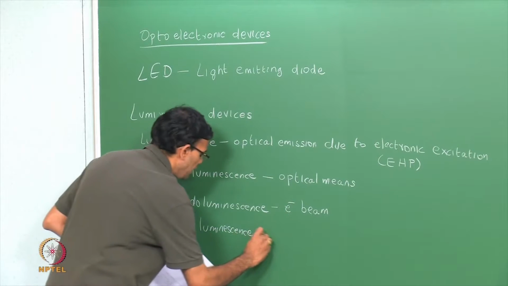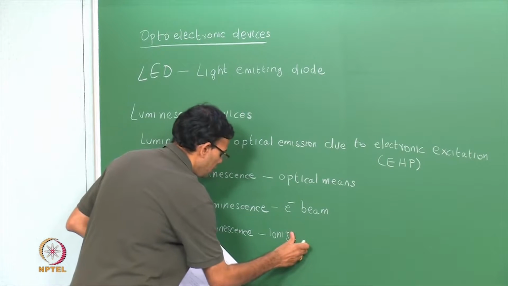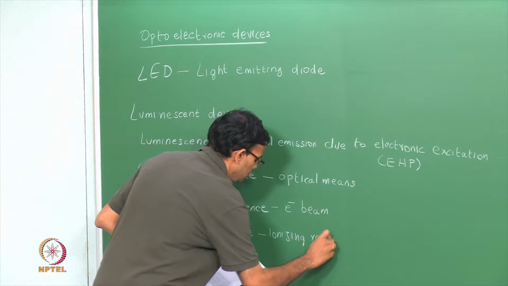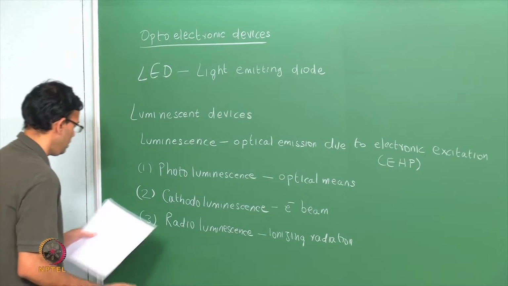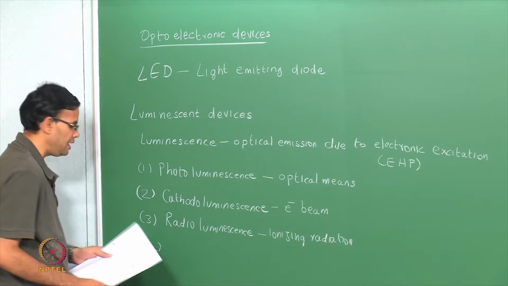Here you use ionizing radiation, and finally we have electroluminescence, which is what an LED is.